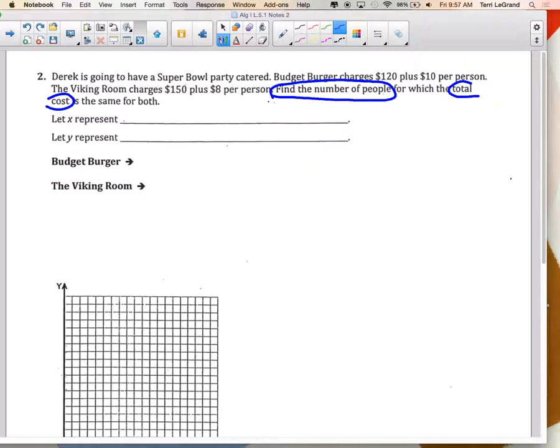So we need the number of people when that total cost is going to be the same. We don't know what that total cost is going to be, and we don't know how many people that's going to be. So those are our two unknowns. So let's let X represent what? The number of people. How many of these crazy friends of yours you're going to invite?